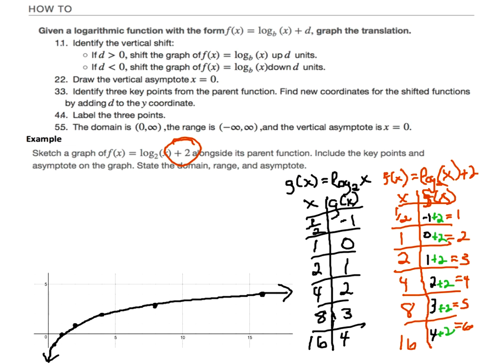Okay, so I have 1/2, 1. 1, 2. 2, 3. 4, 4. 8, 5.